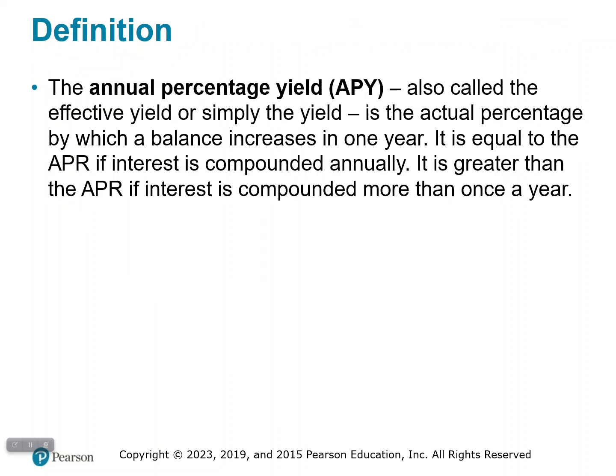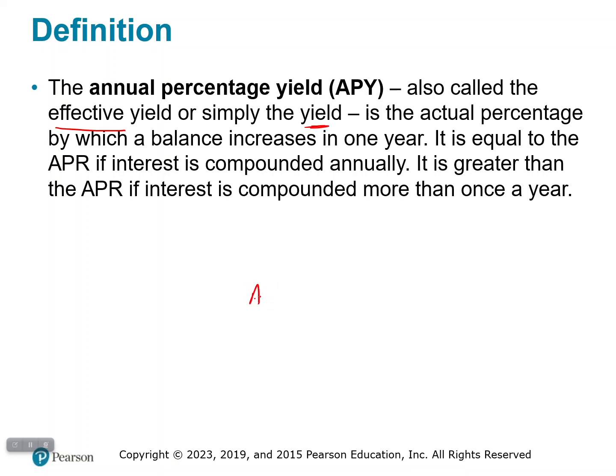All right. Annual percentage yield, also called the effective yield. I will use this very frequently, or just simply the yield. It's the annual percentage by which a balance increases in 1 year. It's equal to the APR if interest is compounded annually. It's greater than the APR if the interest is compounded more than once a year.